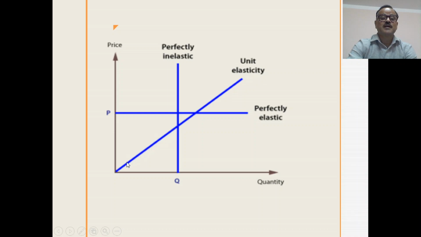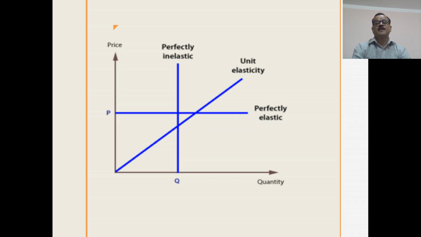Unit elastic, if it responds to the supply at the same degree, at the same proportion, that is unit elastic. For example, if price increases by 20%, supply also increases by the same percent, that is called unit elastic.